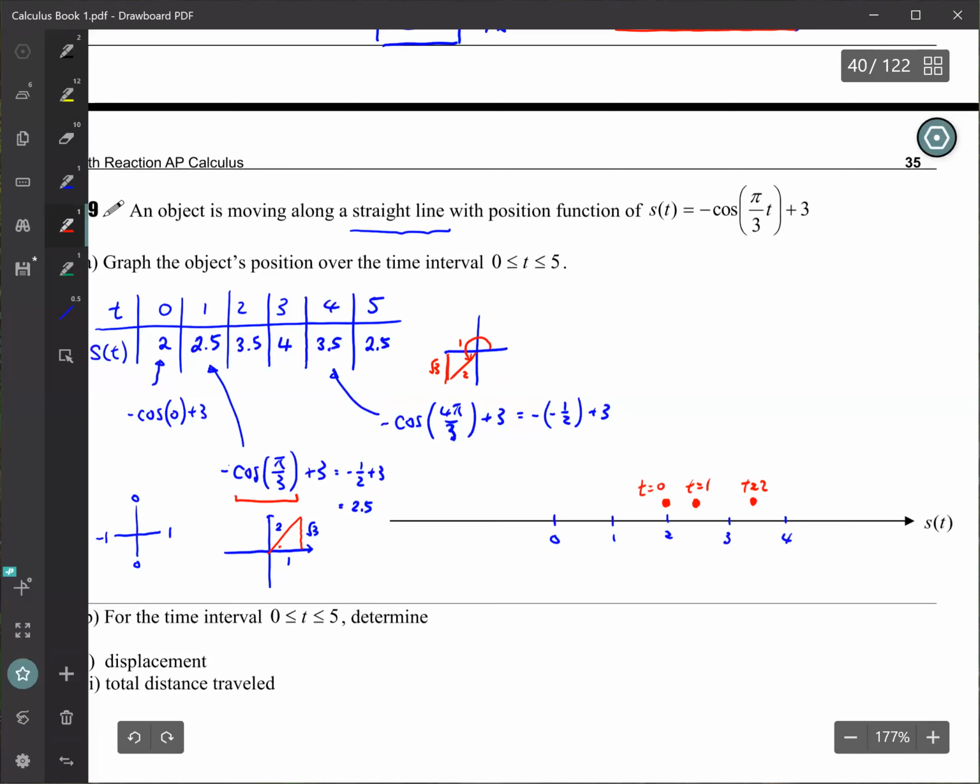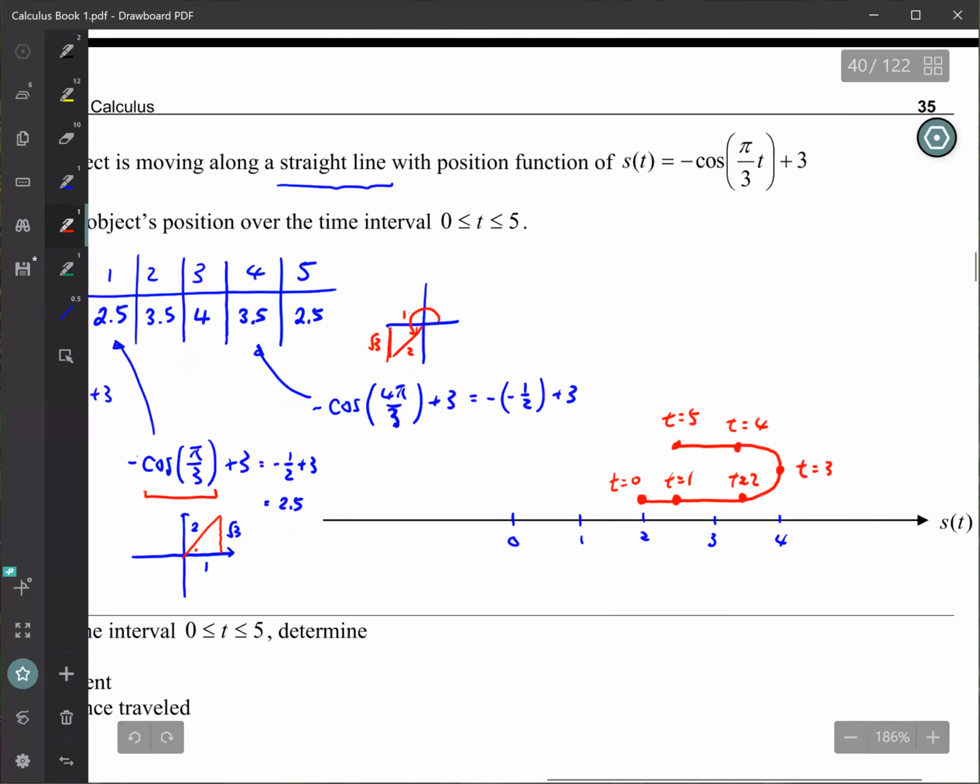And then t equals 3. And then it's gonna turn around, t equals 4. And t equals 5. So we'll go to the right and turn around. Okay, so that's how you can show it on the straight line. Okay, show how it moves.